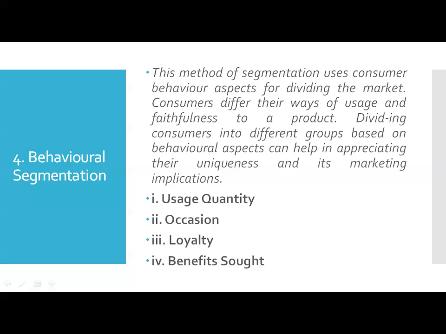The next is loyalty. There are buyers who would never move away from their preferred brand. They are called true or hard loyal. Consumers who do not care about what brand they consume switch from one brand to another very easily.